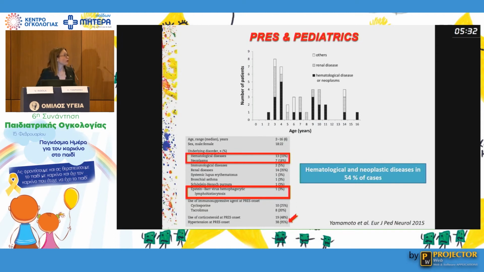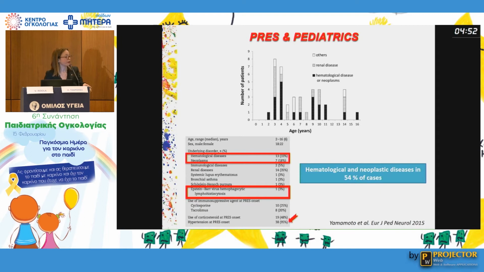So now, if we focus on PRES in pediatrics, we learn from the literature that the most common condition underlying the occurrence of PRES are the hematological and neoplastic diseases, which occur in around 50% of the cases, as we can see in this graphic and in the table, followed, in second position in order of frequency, by renal diseases.